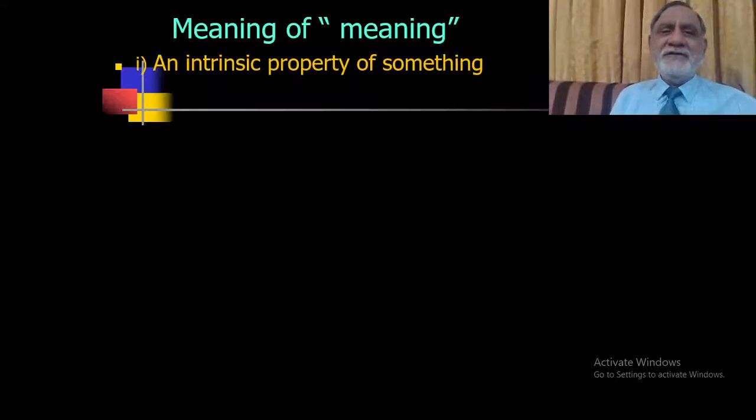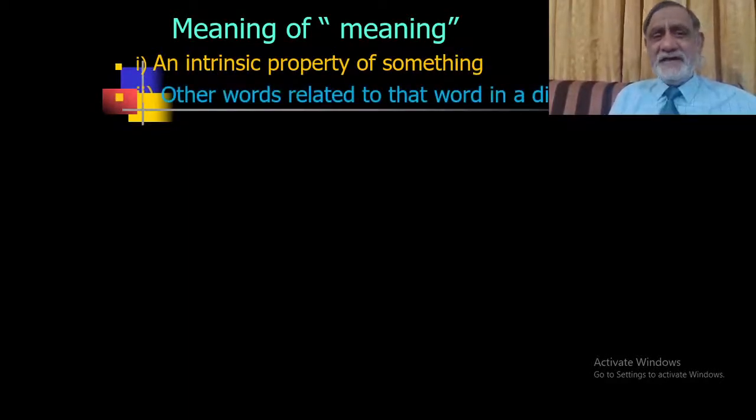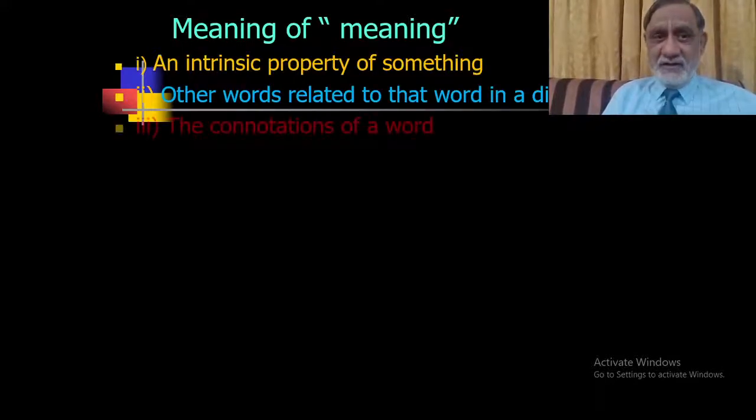According to them, the first meaning of the word meaning is that it is an intrinsic property of something, some inherent property. Then the second shade: other words related to that word in the dictionary, that is the meaning.